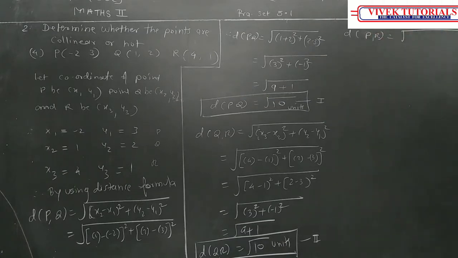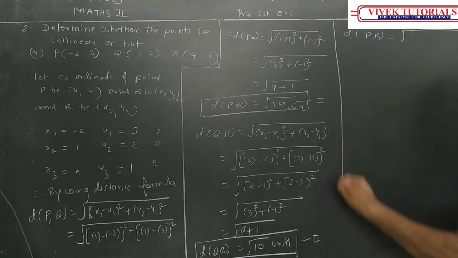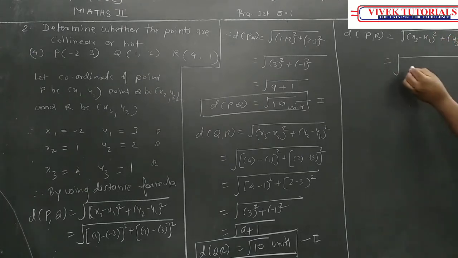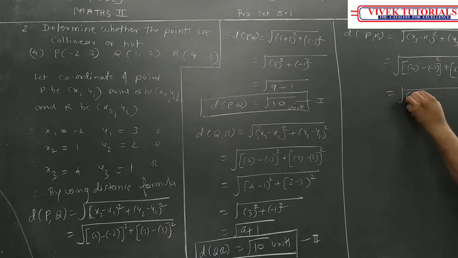Distance PR is equal to under root, as one line. x3 minus x1 the whole square plus y3 minus y1 the whole square is equal to, in square bracket, x3 is 4 minus -2 the whole square and 1 minus 3 the whole square, which is 4 plus 2 the whole square, 1 minus 3 the whole square, equal to 6 square plus -2 the whole square, equal to 36 plus 4.